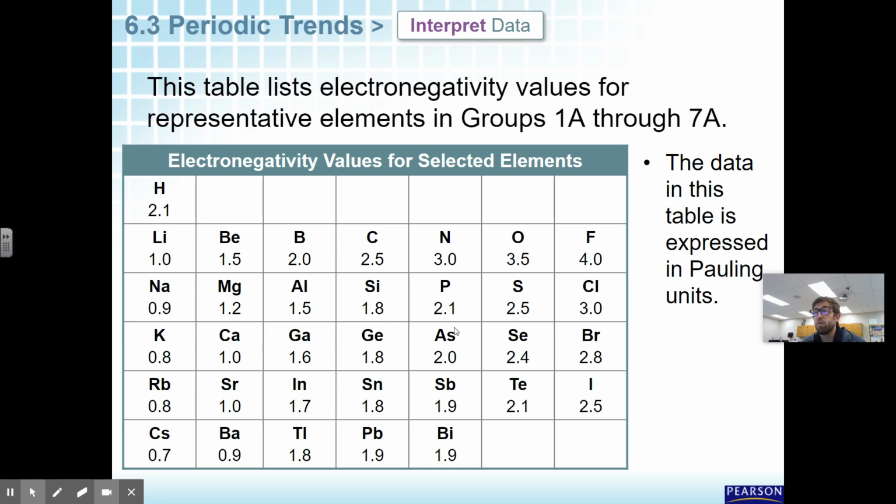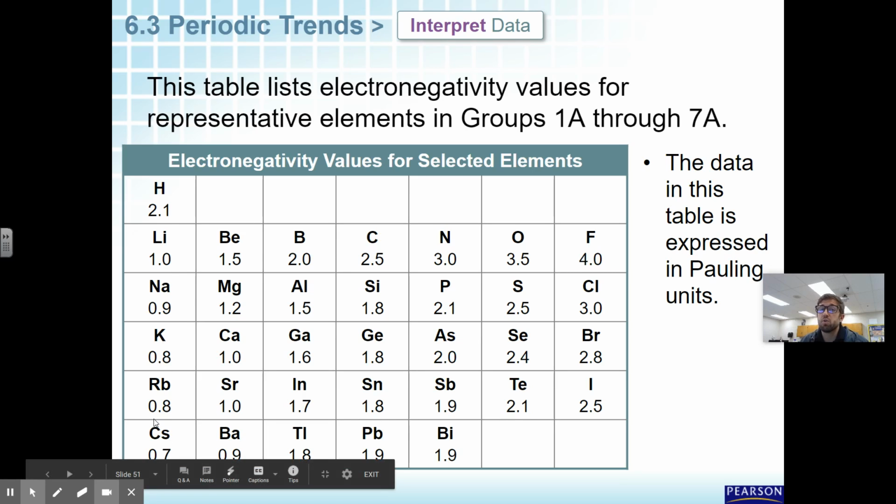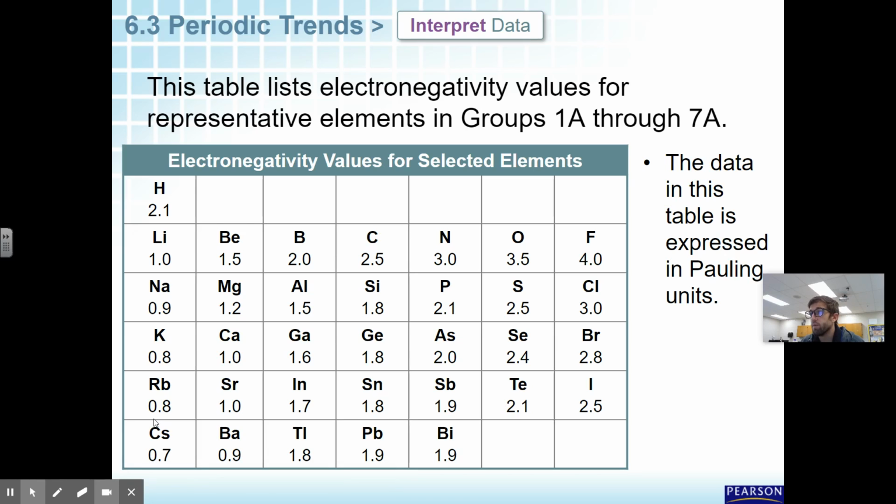The reason we don't have electronegativity values for the noble gases is because they don't want to attract electrons. Other elements are also unlikely to attract an electron, but they still could because their outer shell is not perfect. But noble gases are perfect, so they have no indication of attracting any electrons, and they don't have values for electronegativity.